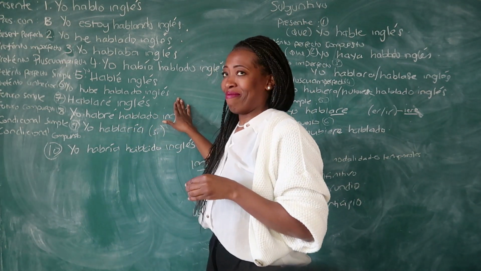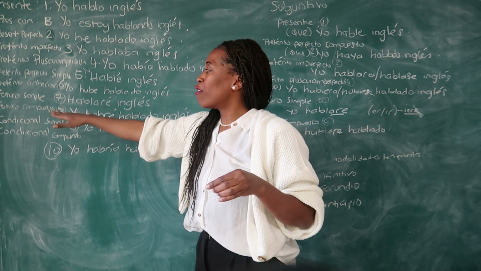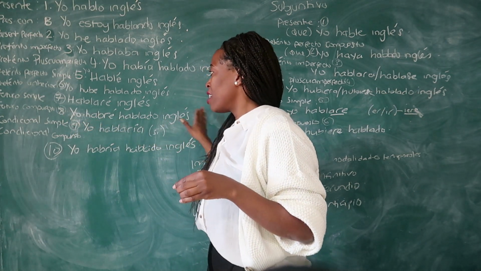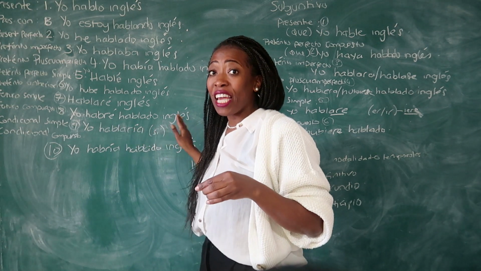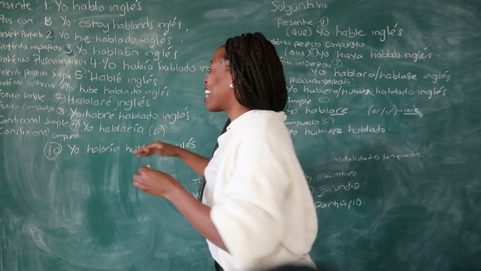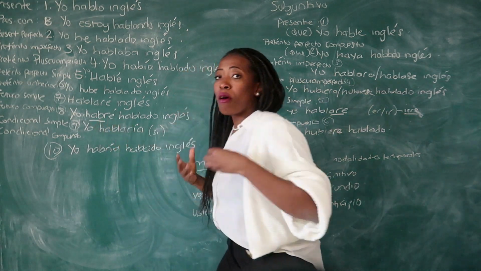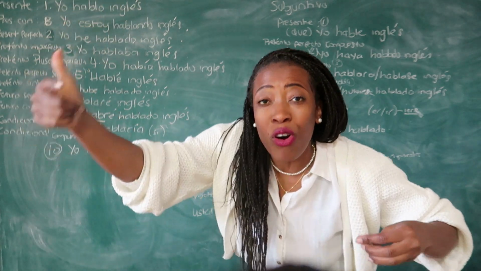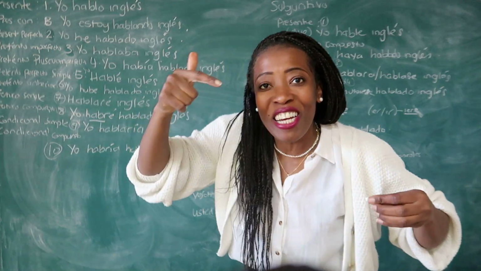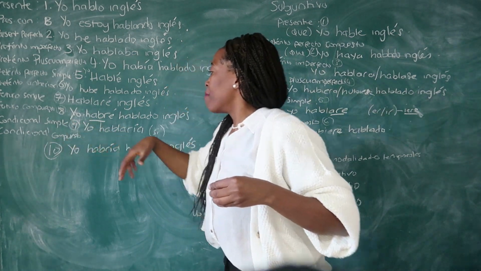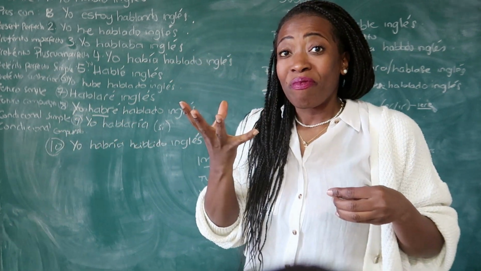Hablaré inglés. Followed by el futuro compuesto. Yo habré hablado inglés. I will have spoken English. Habré hablado inglés. Again, the auxiliary from the verb haber, to have. I will have. Habré hablado. I will have spoken English. Next, condicional simple. Yo hablaría.